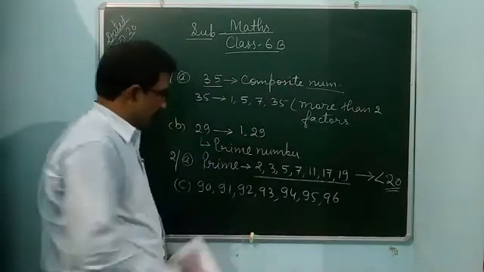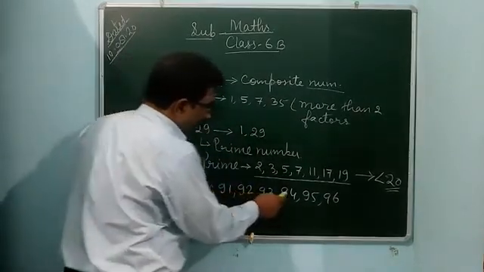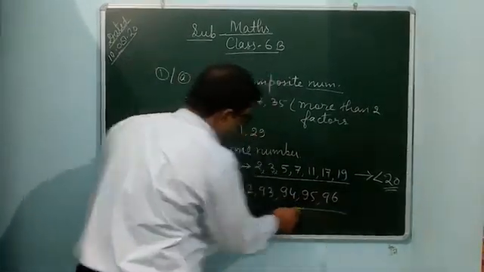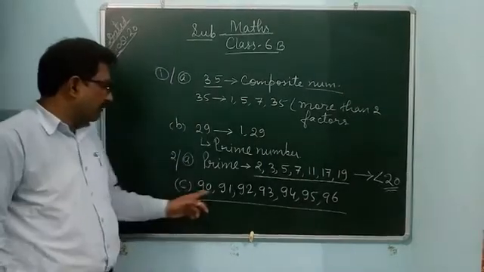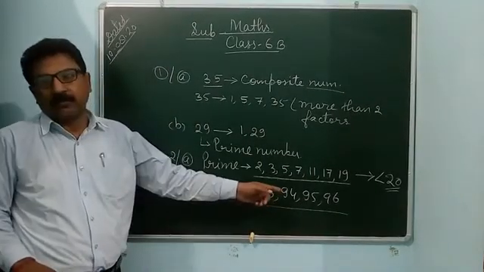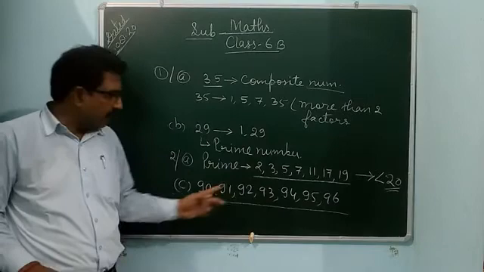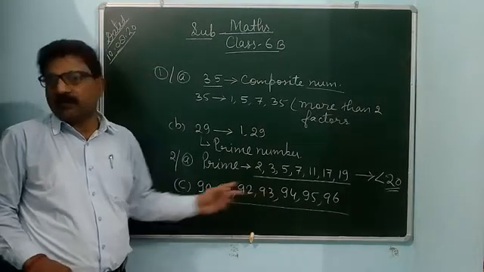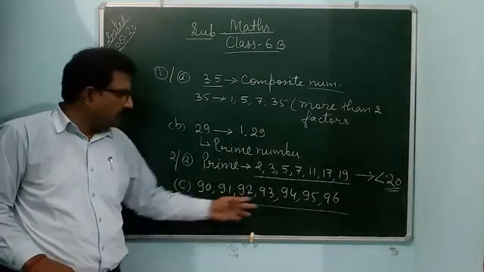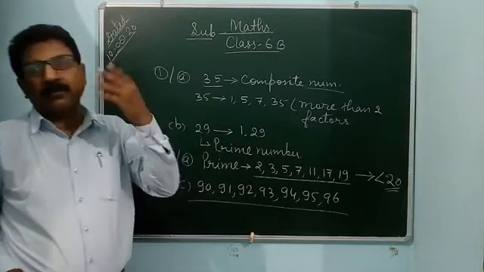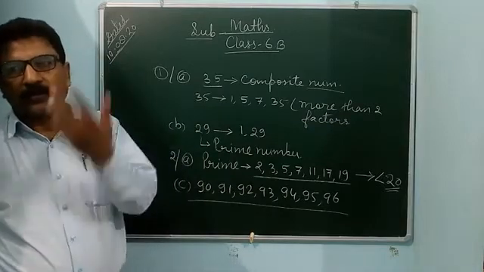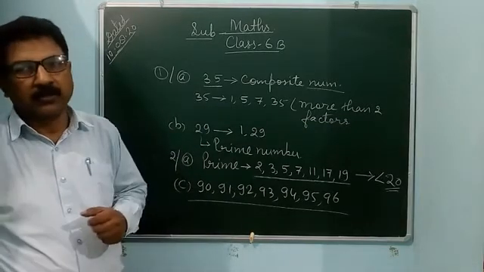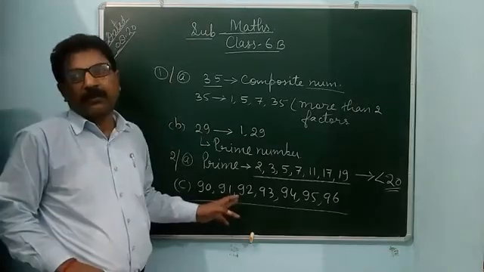That is 1, 2, 3, 4, 5, 6, 7. They are 7 consecutive numbers, but they are not prime numbers. They are composite numbers. All the numbers have more than two factors, so they are not prime numbers.